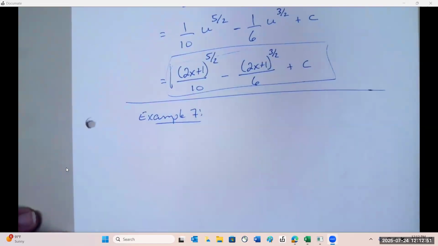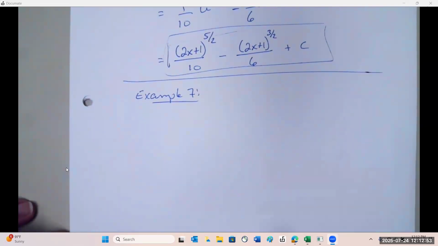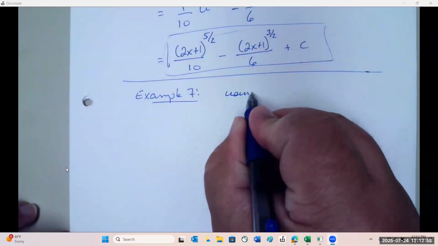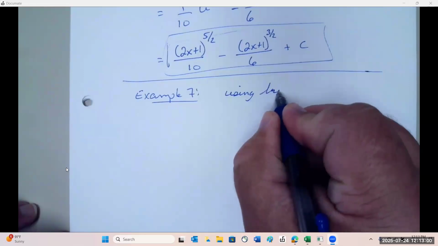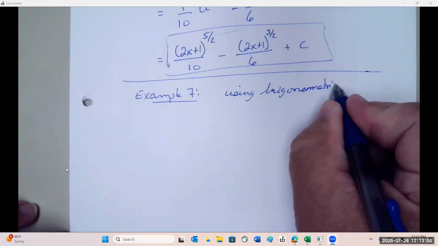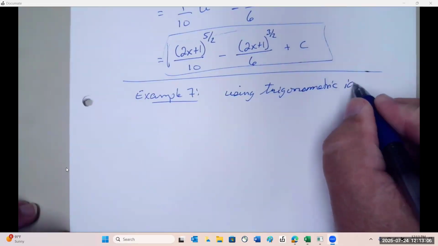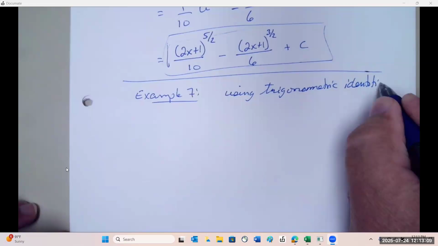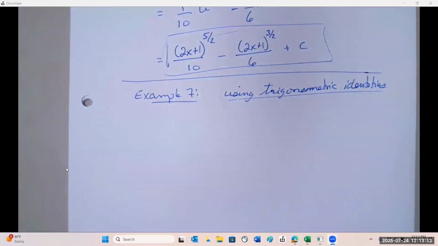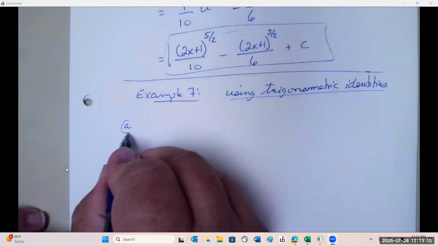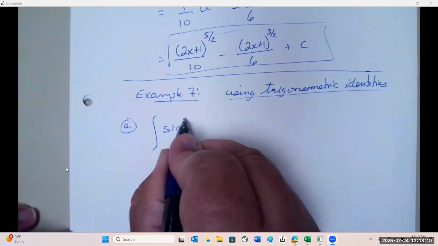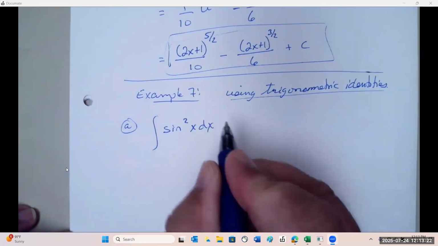Example 7. This is an example of using trigonometric identities. So for the first one, we have the integral of sine squared x dx.